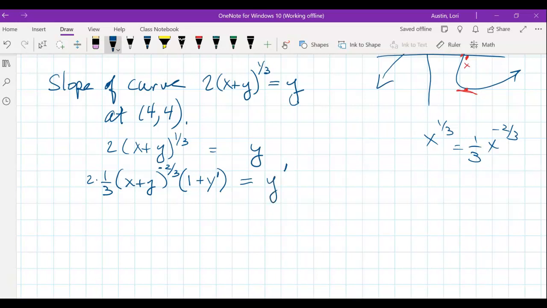So here's where you need to be careful, because this is where you're going to get caught up in the algebra, right? This is where I don't want you to get caught up in the algebra, but you're probably going to get caught up in the algebra.